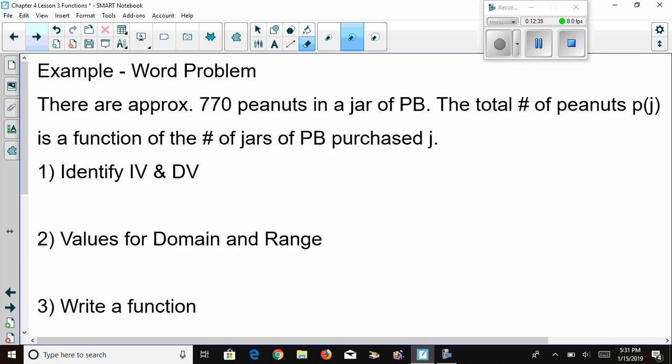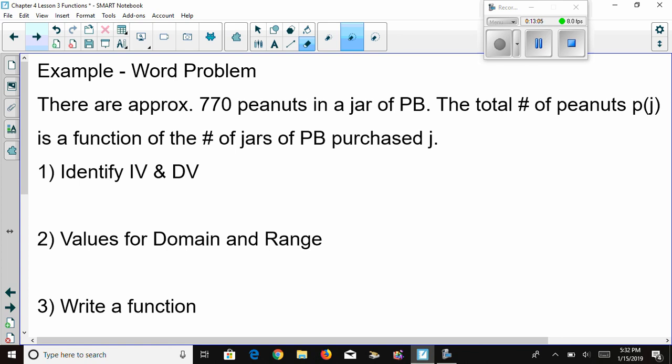Here is our example. There are approximately 770 peanuts in a jar of peanut butter. The total number of peanuts, P of j, is a function of the number of jars of peanut butter purchased, j.